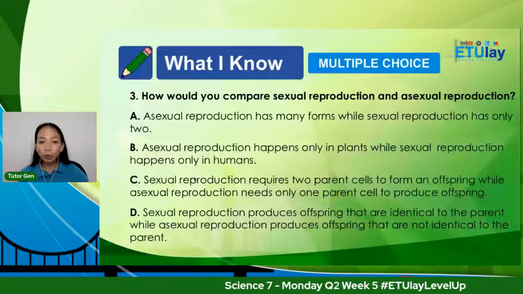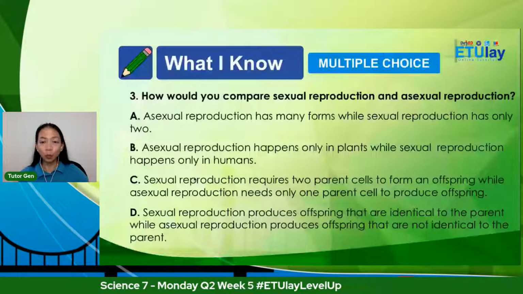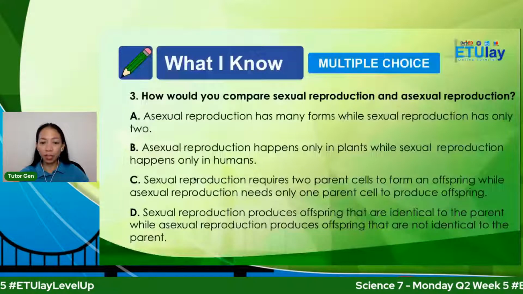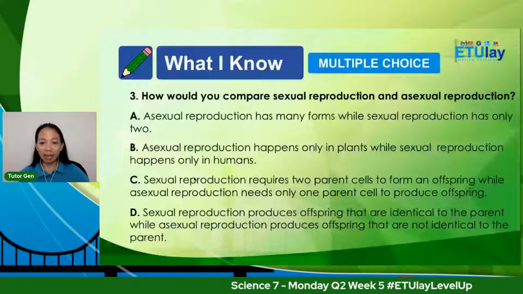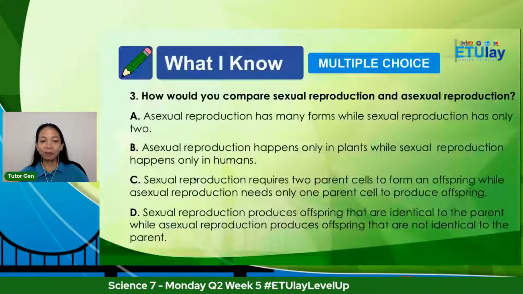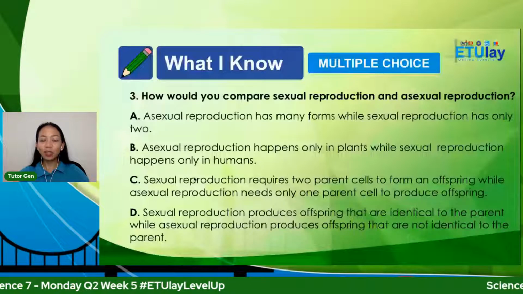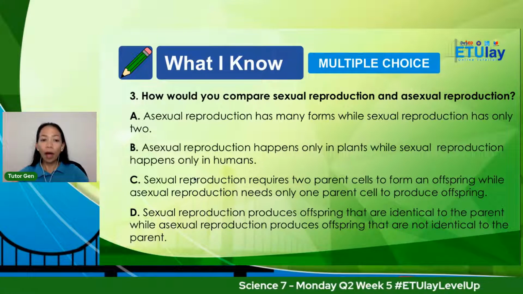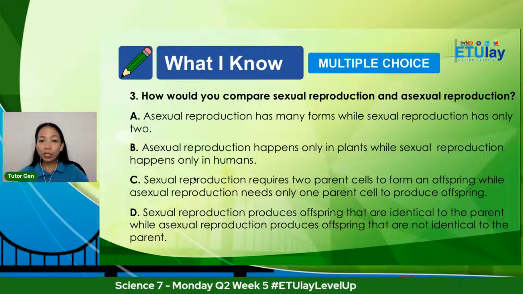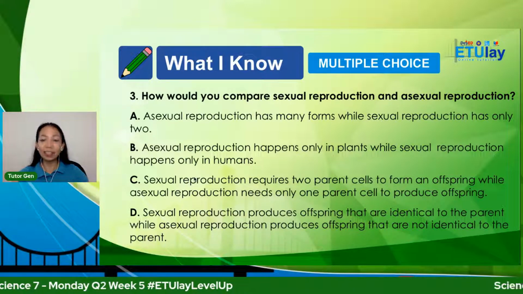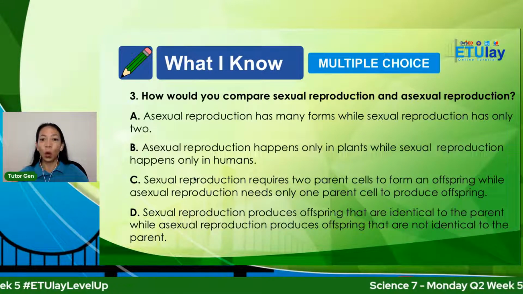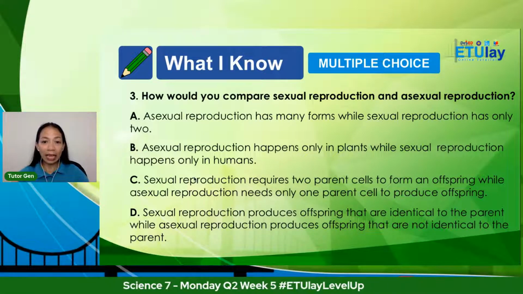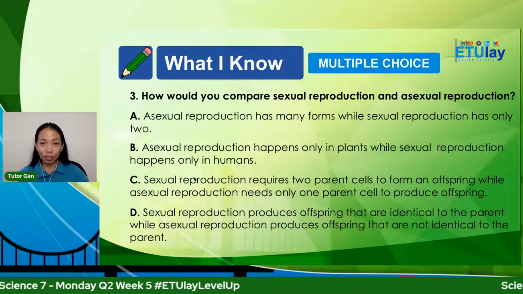C, sexual reproduction requires 2 parents or 2 parent cells to form an offspring, while asexual reproduction needs only 1 parent cell to produce offspring. D, sexual reproduction produces offspring that are identical to the parent, while asexual reproduction produces offspring that are not identical to the parent. Which is a correct comparison of sexual reproduction and asexual reproduction?